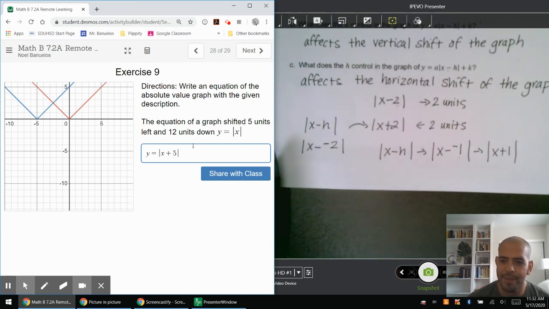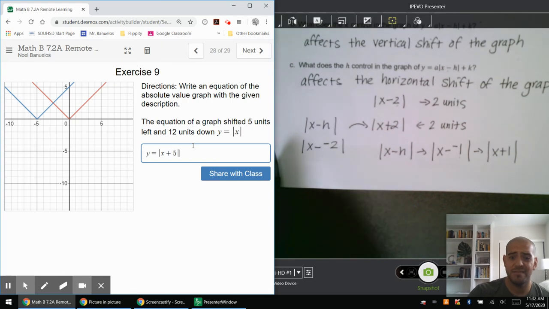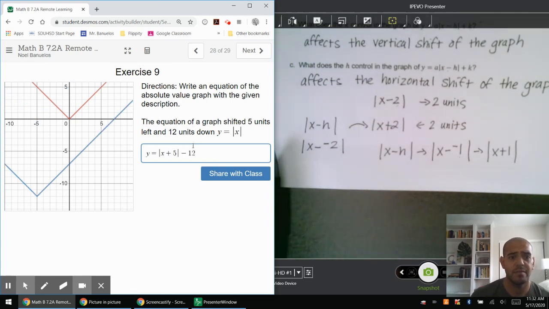So you see that? X plus 5. So I just moved my blue graph from where the red graph was, to the left 5, and then I need to move it down 12 units. So I'm going to change the value of k, minus 12. There you go. That's all I did.